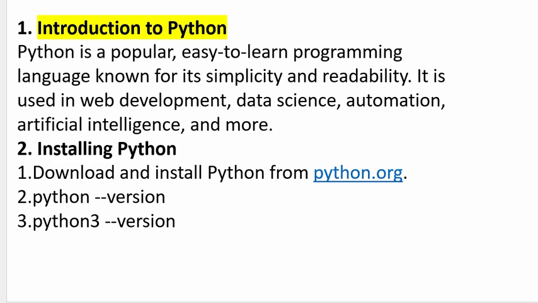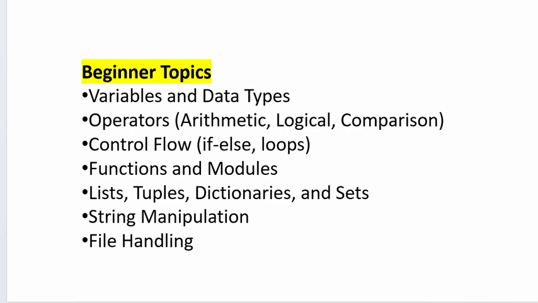This is the basic introduction of Python. Now moving to the next topic. For the beginner, if you want to learn Python, first you can learn what are variables, what are data types, what data types are available in Python. First you learn variables, how we declare variables in Python.